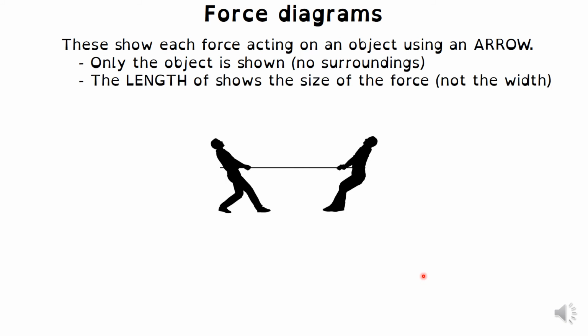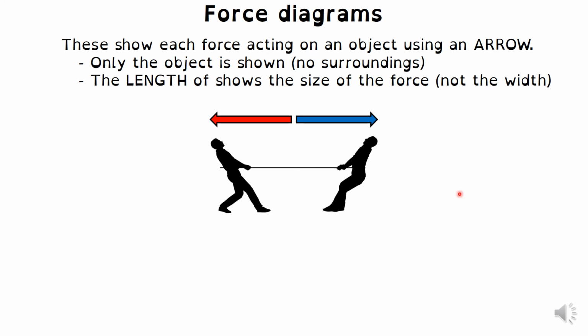Now when it comes to the arrows, the length of the arrow shows the size of the force, not the width. So it doesn't matter how fat the arrow is, that has no bearing on the size of the force at all. It is the length that is important. So here I've got two arrows and they are the same length, they're just acting in opposite directions.